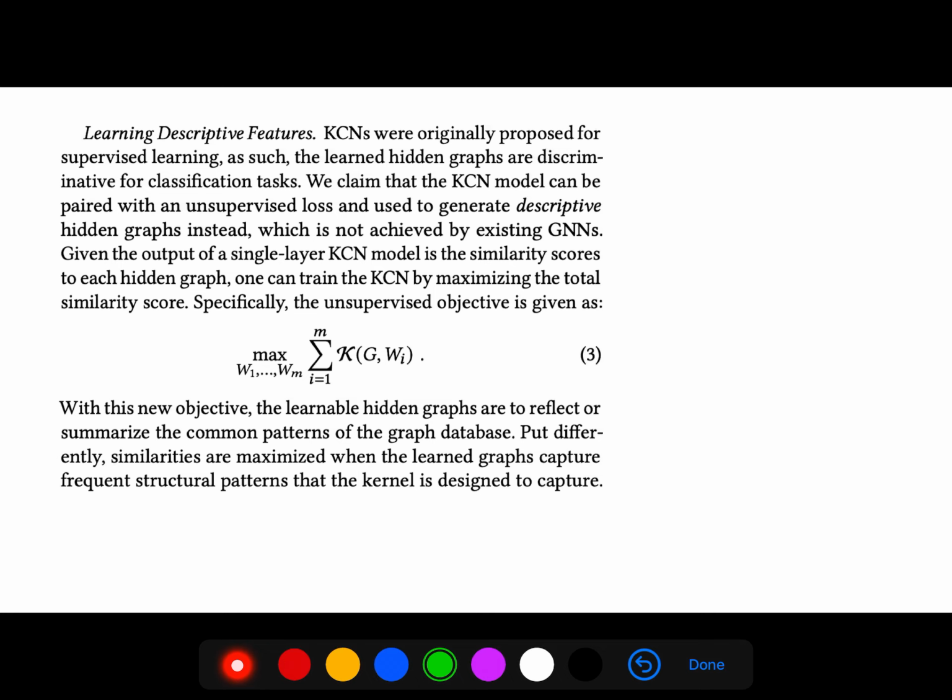We claim that the KCN model can be paired with an unsupervised loss and used to generate descriptive hidden graphs instead, which is not achieved by existing graph neural networks. Given that the output of a single layer KCN model is the similarity scores to each hidden graph, one can train KCN by maximizing the total similarity score. So the unsupervised objective is like this.